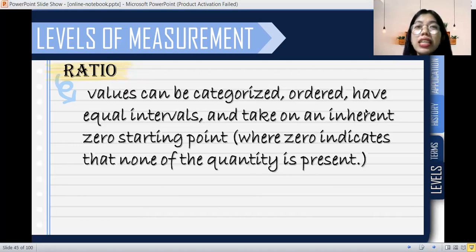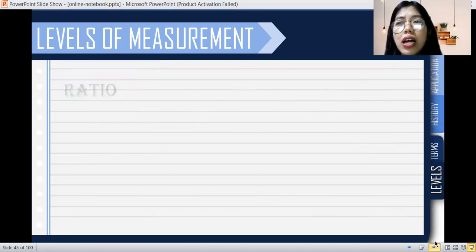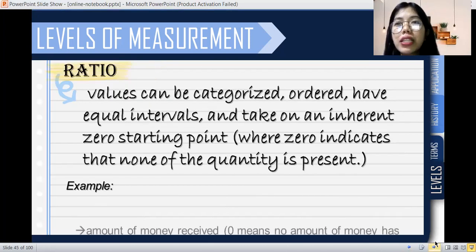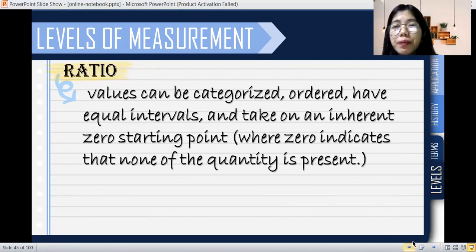Now, kanina sa ating interval, ayan po. Yung interval, yung zero natin ay does not mean na none of the quantity is present. Habang sa ratio naman, kapag sinasabi na natin na zero, meaning to say wala. None of the quantity is present. It indicates that none of the quantity is present.